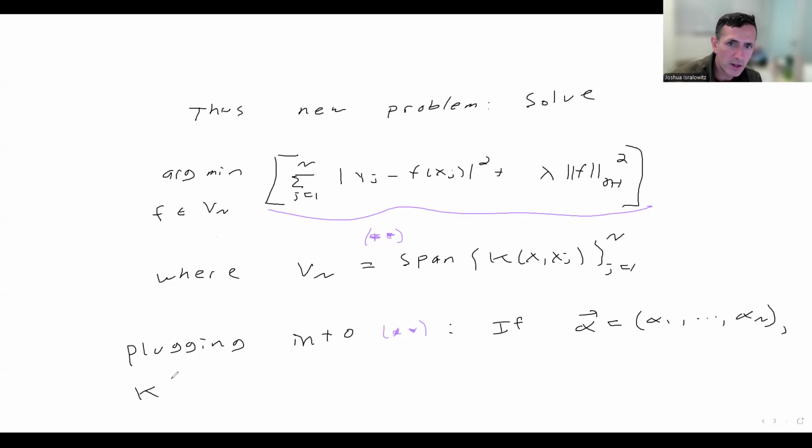Let's say K, big K here, is my n by n matrix, K of x_i, x_j.